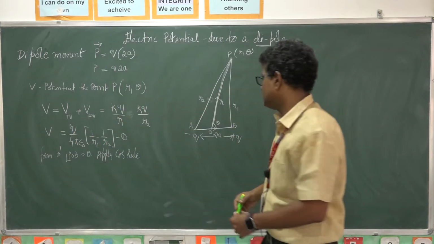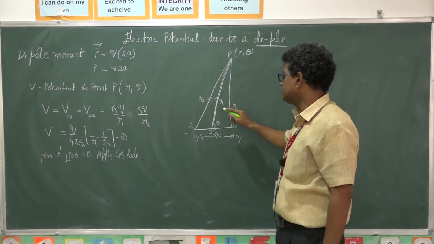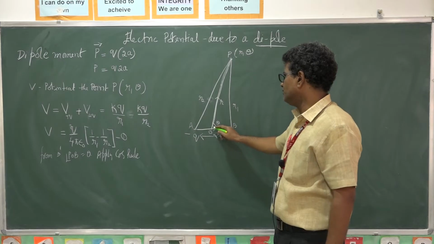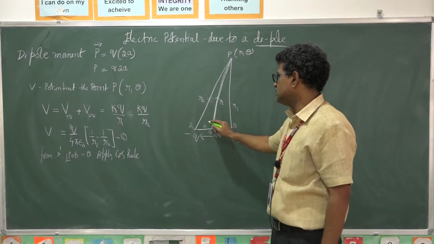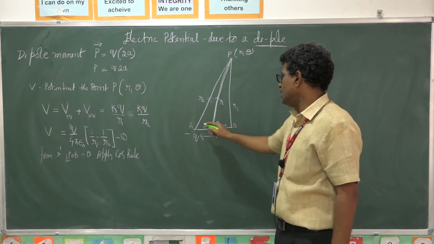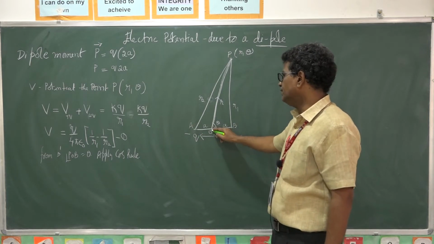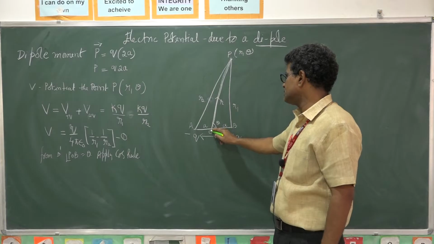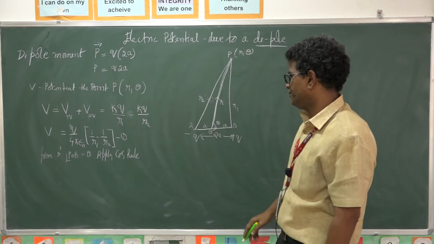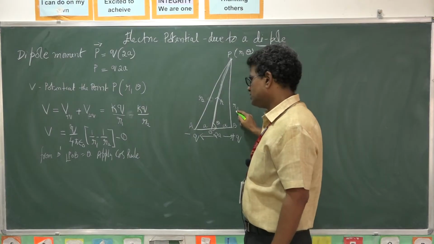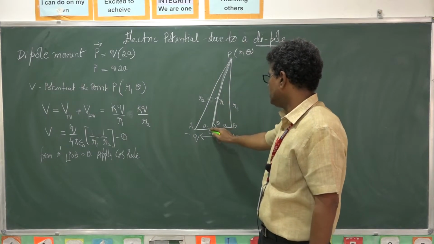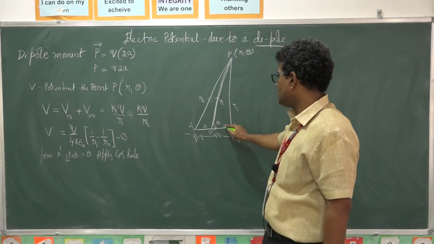From this triangle, applying the cosine rule: half of the dipole length is a, because O is the center of the dipole AB, so the distances OB and AO are both a. So r1 square is equal to r square plus a square minus 2ra cos theta.